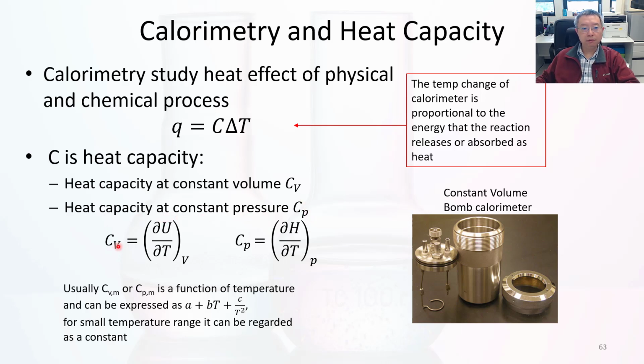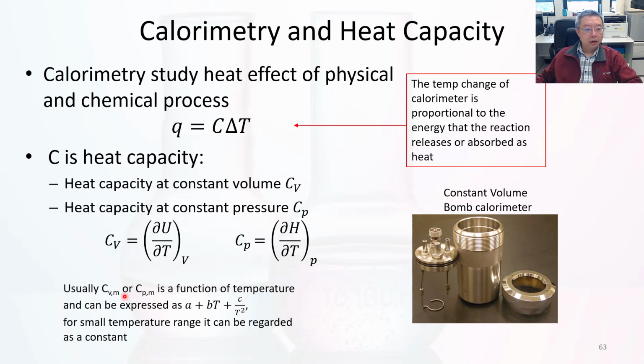So CV is partial U, partial T at constant V, and CP is partial H, the enthalpy, over partial T at constant pressure. Usually CV and CP are constant over a short period of time, so they are very constant over here.